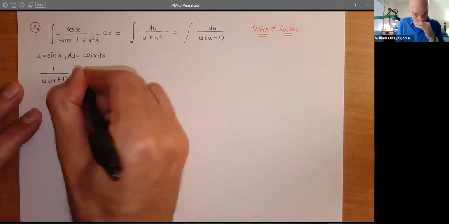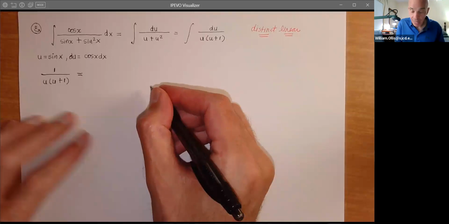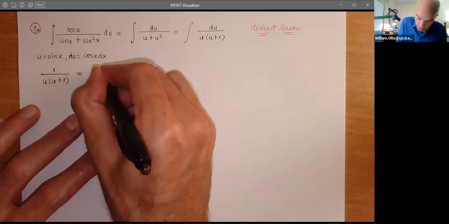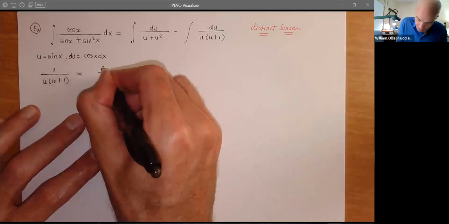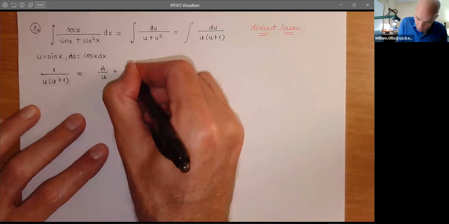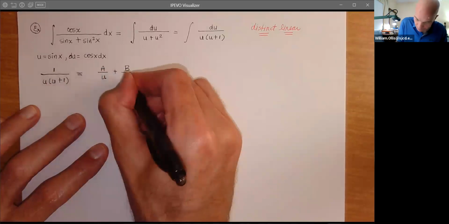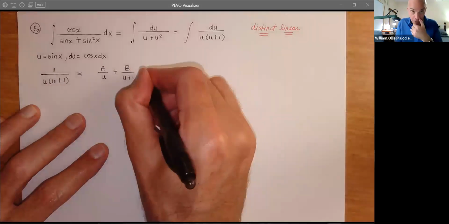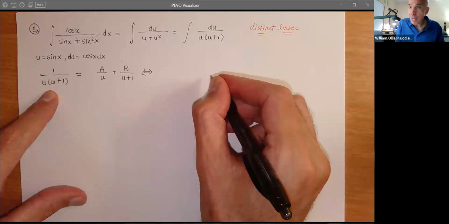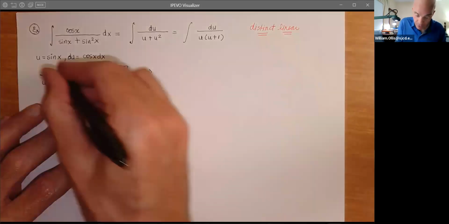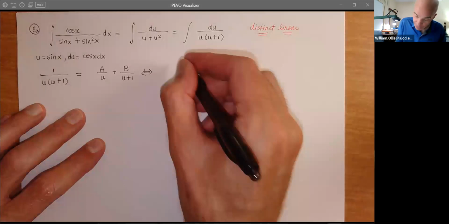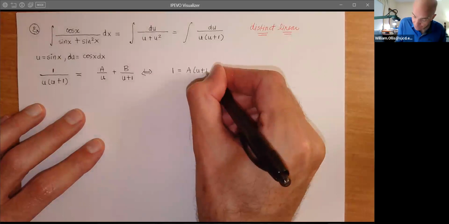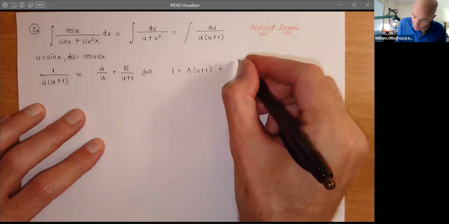And because these are distinct linear factors, we'll just have an A and a B. So we have A over u plus B over u plus 1. Now, just like we did before, we want to clear the denominators. So we multiply through by u times u plus 1. That'll absorb the u times u plus 1 on the left-hand side to give us 1. And then we get A times u plus 1 plus B times u.